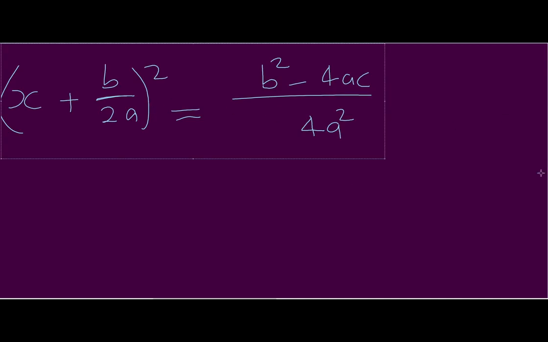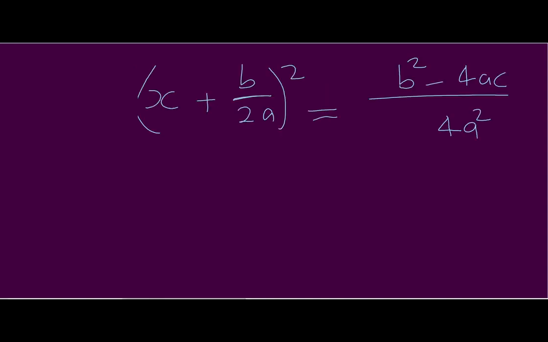Yeah, so then from here we're going to have to square both sides. We're going to take the square root of both sides, and in doing that we're trying to cancel this square, because you must remember from the law of exponents, when you take the square root of a square, it cancels.